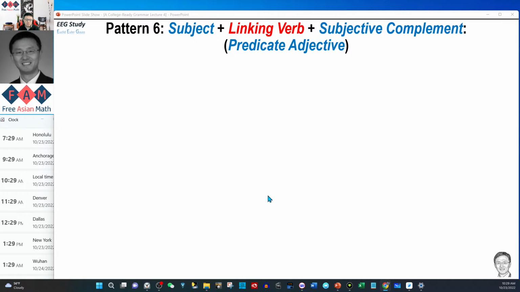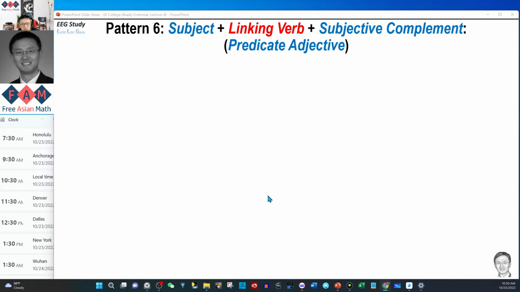Now, we are looking into the next pattern, pattern number 6. If you take a look at the structure, it's very similar to pattern number 1, where we have subject plus a be verb plus subjective complement, right?